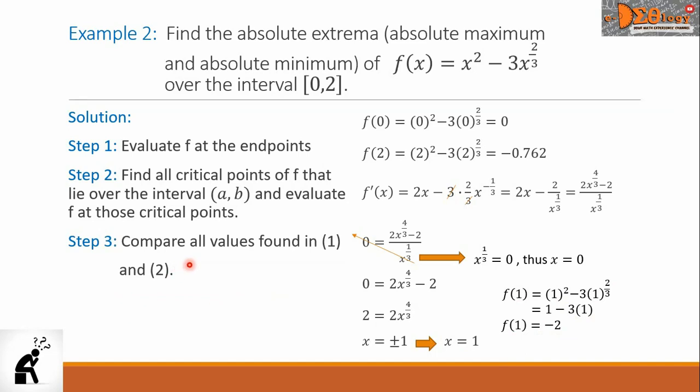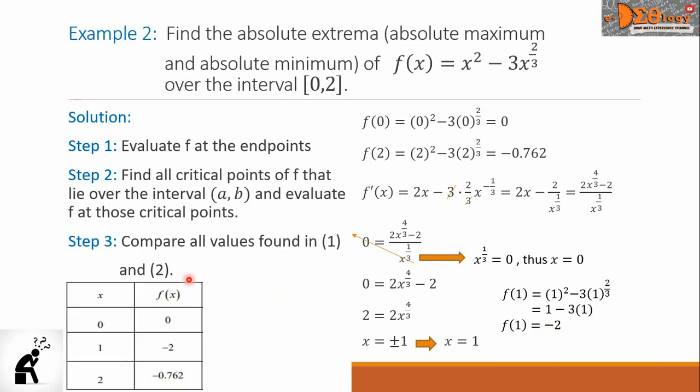Step 3. Compare all values found in steps 1 and 2. We can put a table where the first column is x, and this is for the critical points and the endpoints. So we have here the 0, the 1, and the 2. And the second column is for the f of x. So we have 0, negative 2, negative 0.762 respectively. Now, let us compare the values in the f of x.